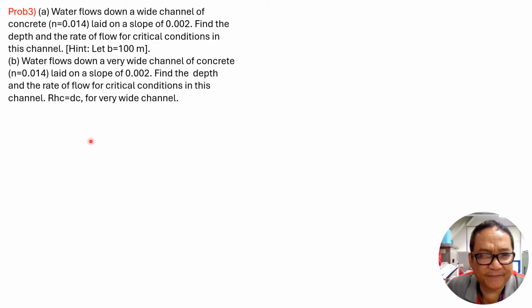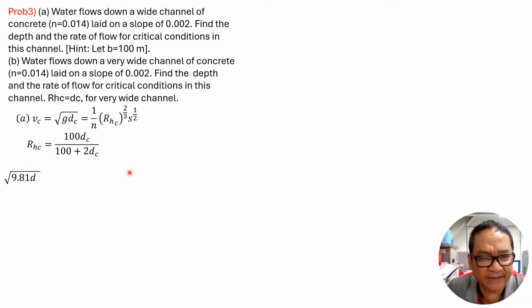So critical velocity, which is square root of g times critical depth, is also 1 over n times hydraulic radius critical to the 2/3 times slope to the 1/2. Substituting, where hydraulic radius critical is area, 100 times critical depth, over 100 plus 2 times critical depth, after we let the width of the wide channel be 100.